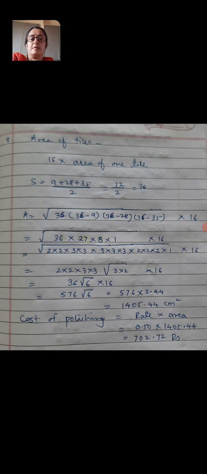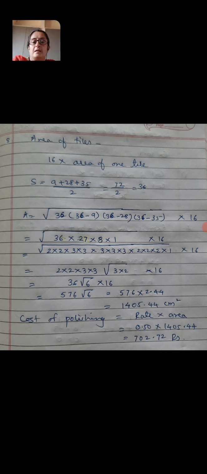So the root of, when you split 36, you will get 2 into 2 into 3 into 3. When you split 27, you will get 3 into 3 into 3. If you split 8, you will get 2 into 2 into 2, and 1 as it is. Now to find the root, for each two numbers you take one number out of the root.